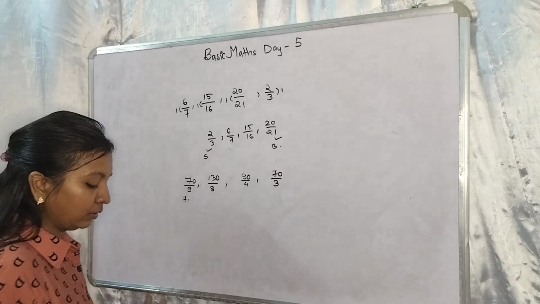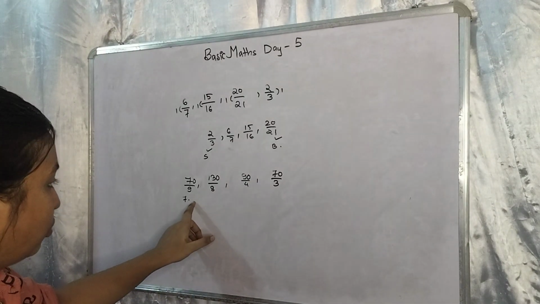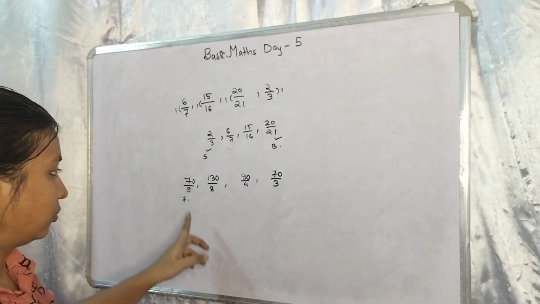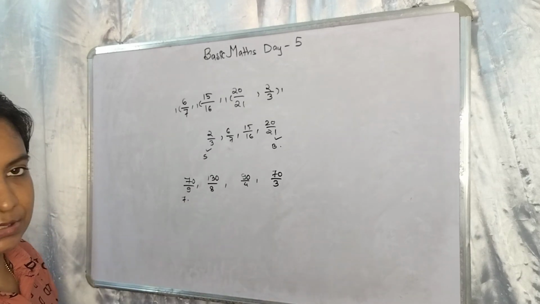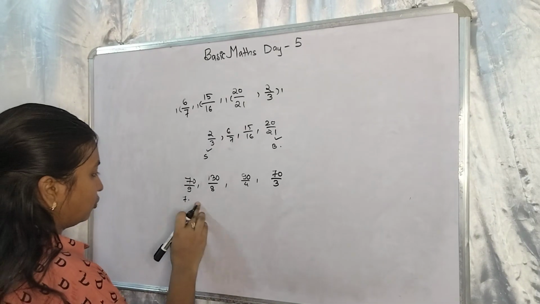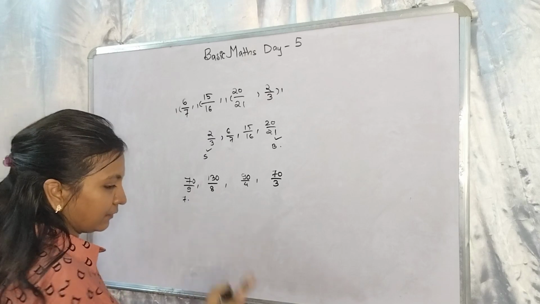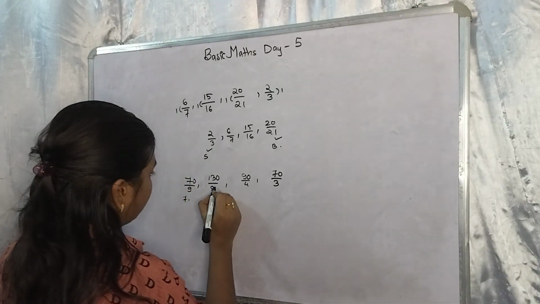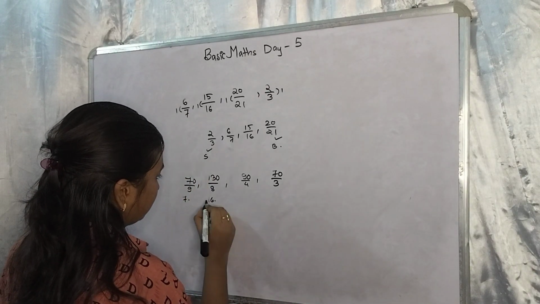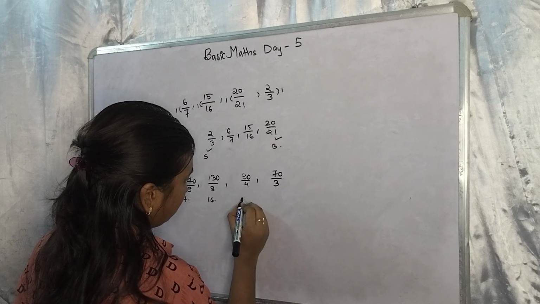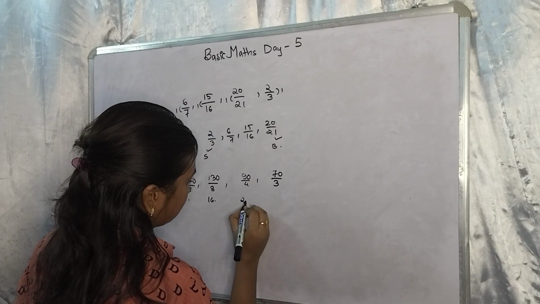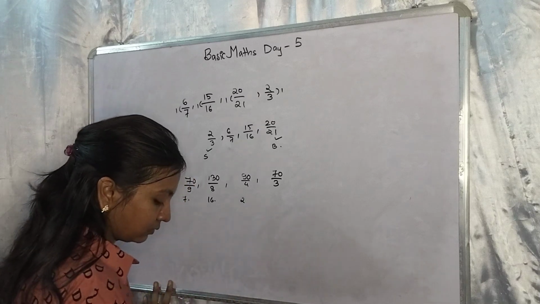Here 4 ones are 4, 4 twos are 8, and 4 ones are 4, 4 twos are 8, 4 5s are 20, 4 twos are 8, 10, 4 twos are 8, 2.5.